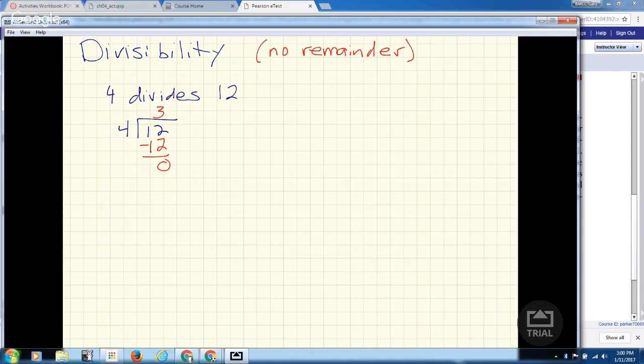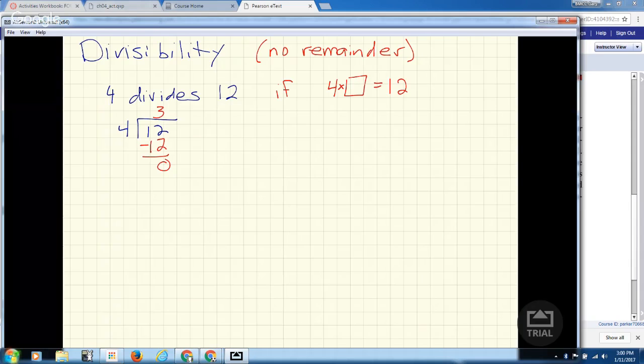Another way to think about doing that division problem: one way to think about division is, what do I multiply by? 4 divides 12 if I can find a number to multiply by 4 to get 12. And if that number exists, then I can say 4 divides 12.